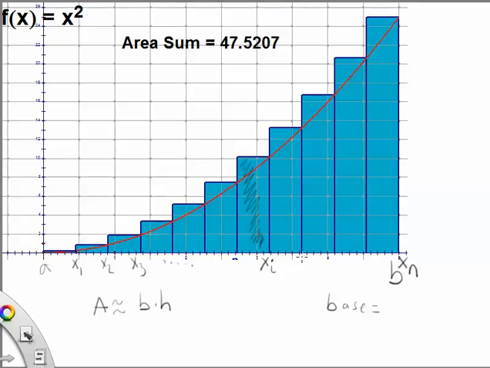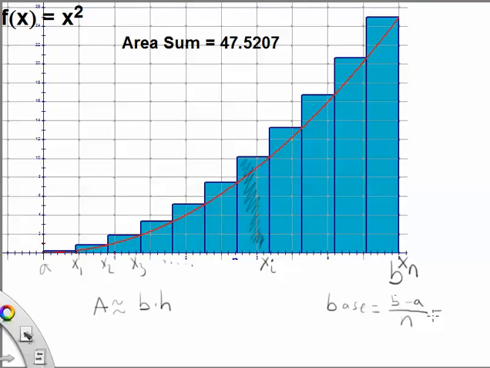In general, we would say it's b minus a, which is your area to play with from A to B, divided by the number of rectangles you have. Again, try to think generically. In general, we're going from A to B, and we're splitting it up n number of times. That's how you get each base.